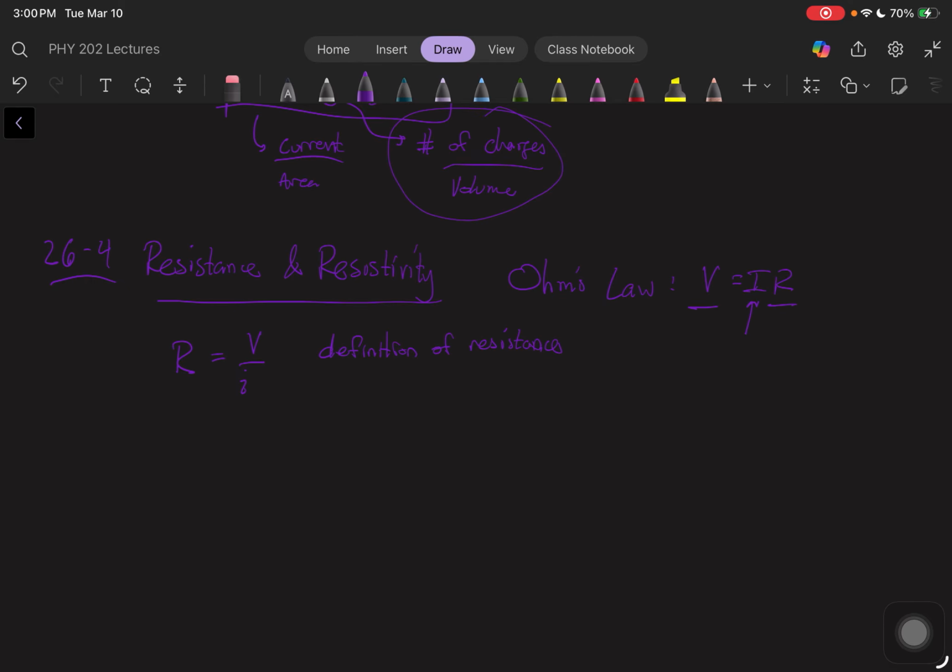Okay, and so this R equals V over I, right? If we think about it, it just says, if you have some V, whatever's going on, and you get some resulting current, the ratio of that potential to that current gives you R, the resistance of the circuit, right?